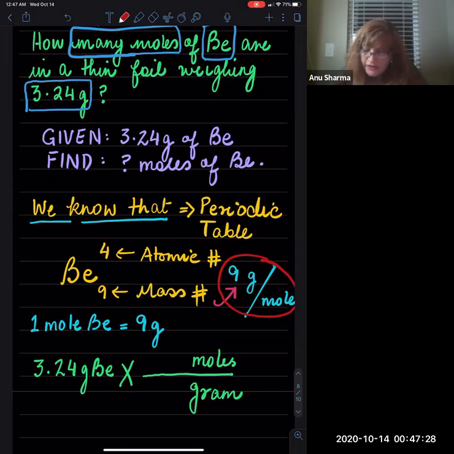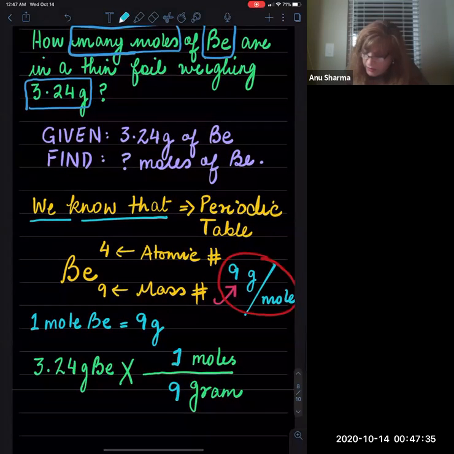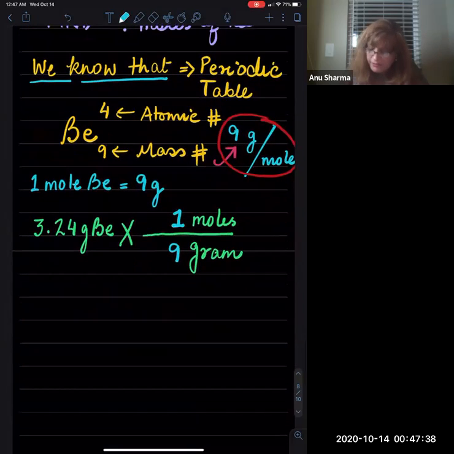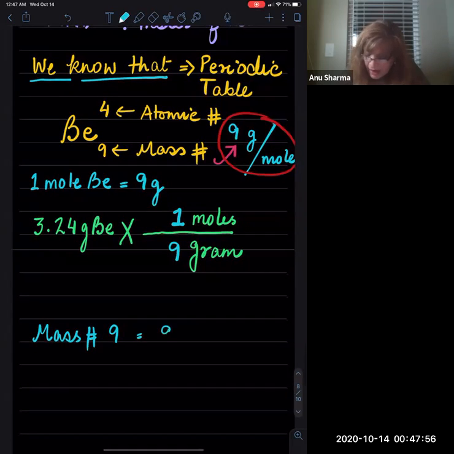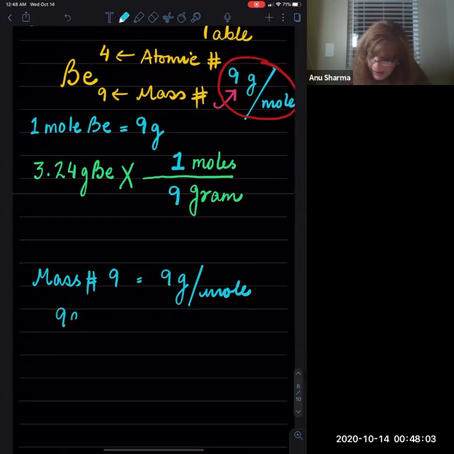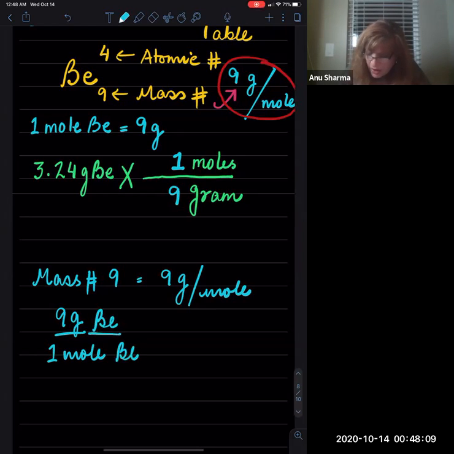The mass number of beryllium is 9, and the molar mass of beryllium is 9 grams per mole, which translates as 9 grams of beryllium over 1 mole of beryllium, or 1 mole of beryllium over 9 grams of beryllium.